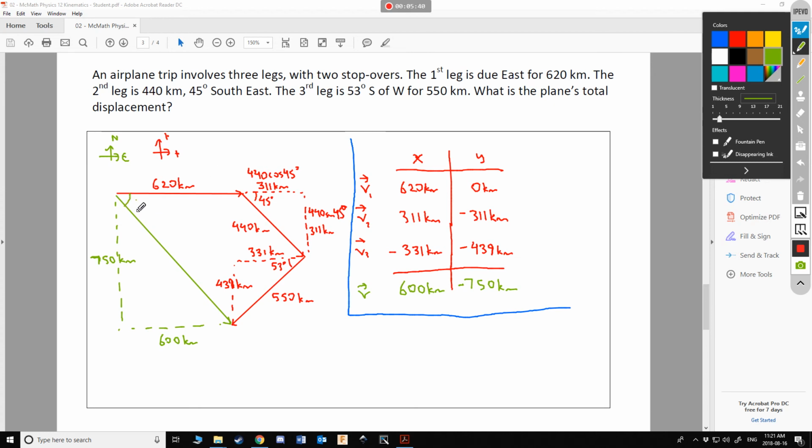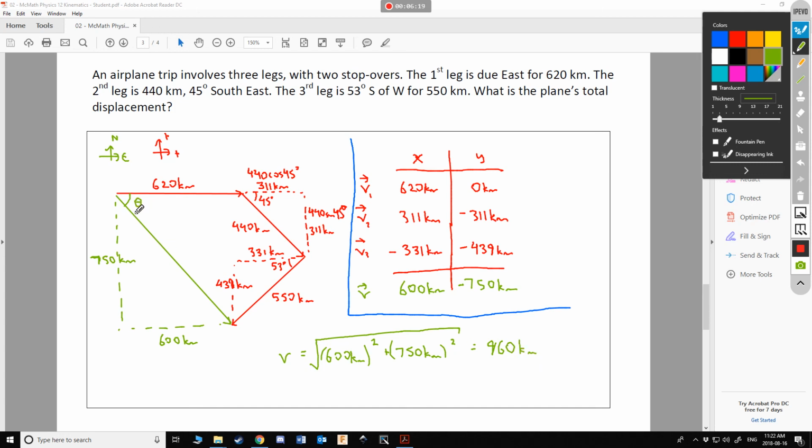Now we can find out what is the hypotenuse and what is that angle. So again, a squared plus b squared. So the magnitude of our vector V is just going to be 600 kilometers squared plus 750 kilometers squared. If we square root that whole thing, so 600 squared plus 750 squared, square root, we end up with 960 kilometers.